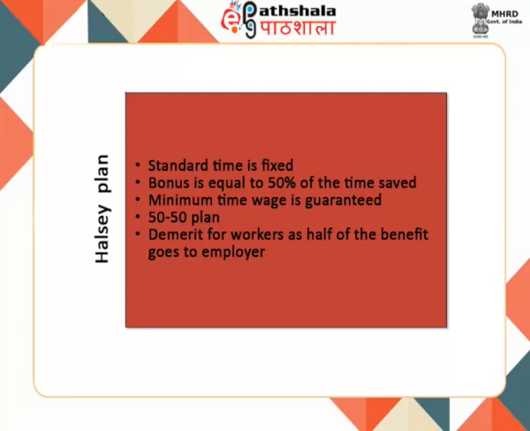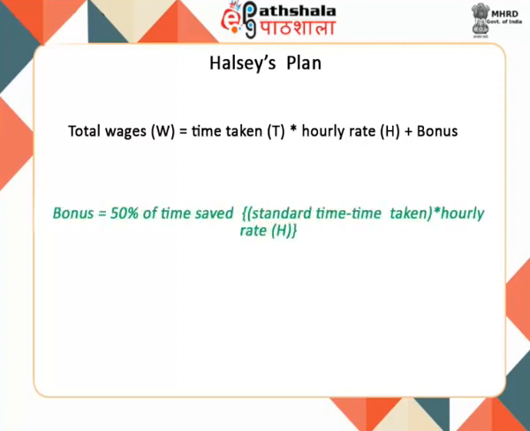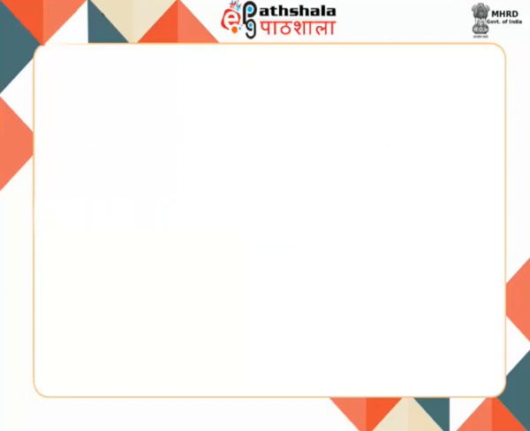This, of course, becomes a demerit for the workers as half of the benefit goes to the employer. Total wages equal to time taken multiplied by hourly rate plus bonus, guaranteed time wages. Bonus is equal to 50% of time saved, that is, standard time minus time taken, multiplied by hourly rate.